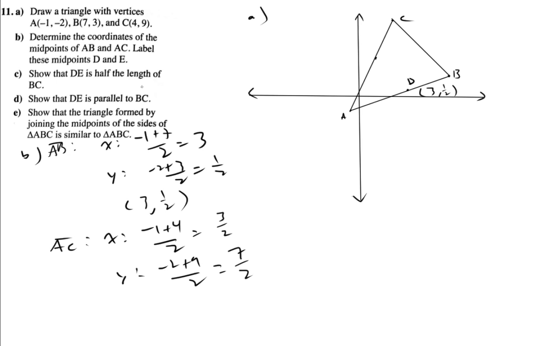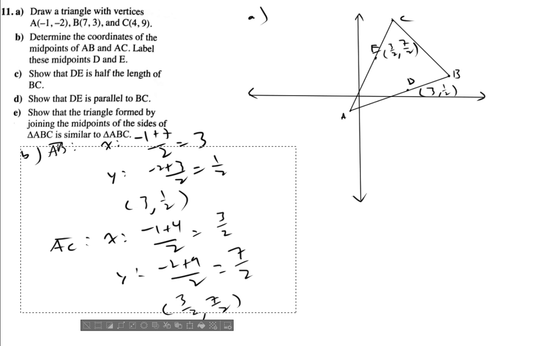So now that we have these values, 3/2 and 7/2, which is somewhere over here. This is going to be point E. Okay, so I'm going to clear some more space here so we can move on to the next question.